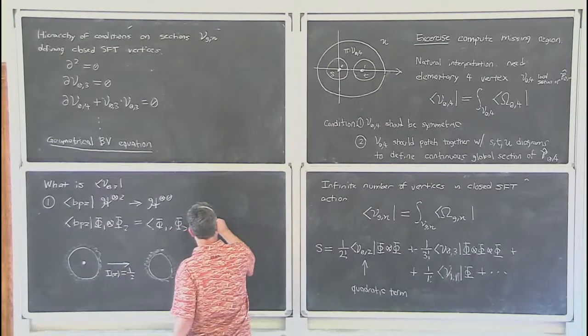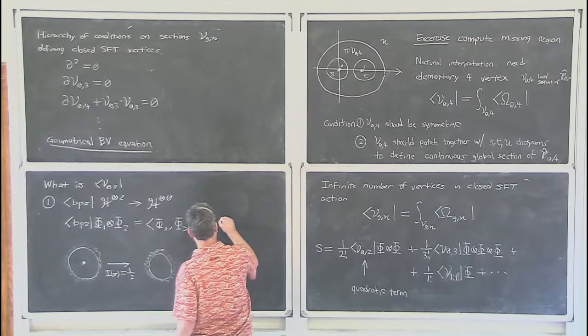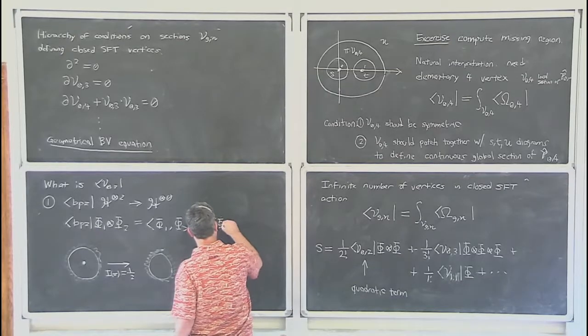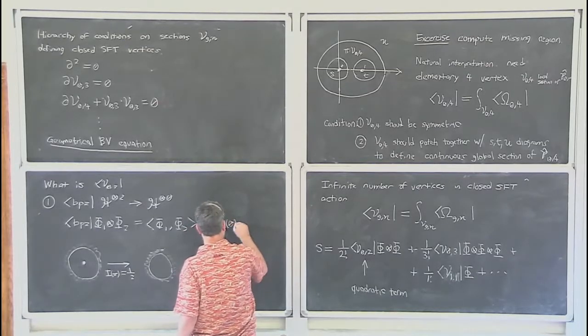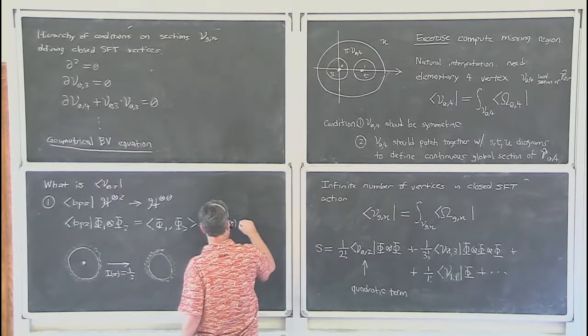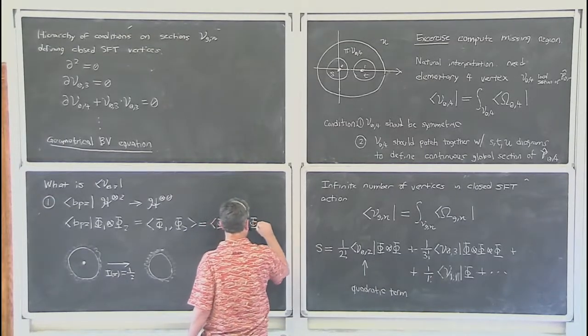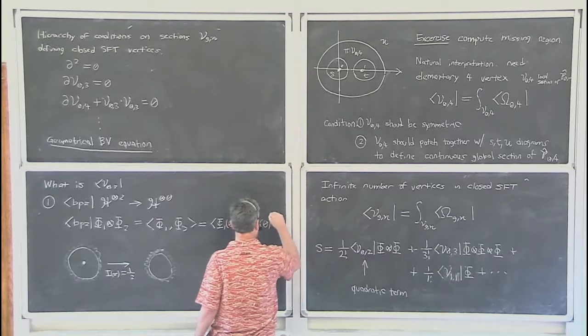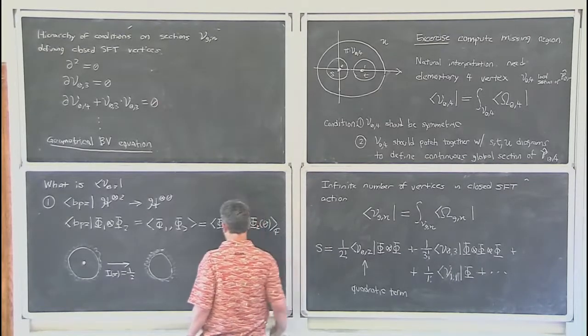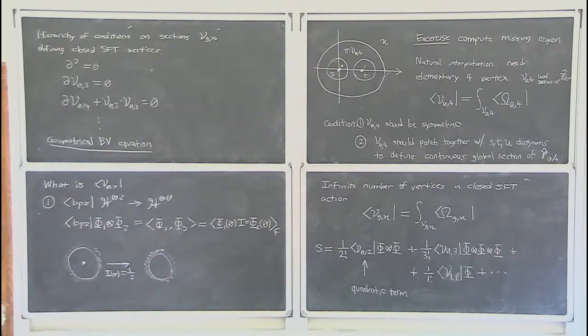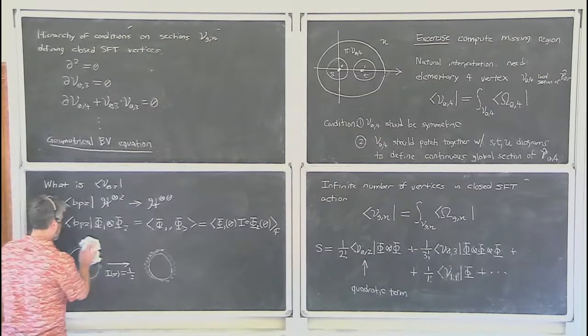It's given by inserting phi 1 at 0 and the inversion map of phi 2 at 0 and computing this correlator on the complex plane. So this defines the BPZ inner product.